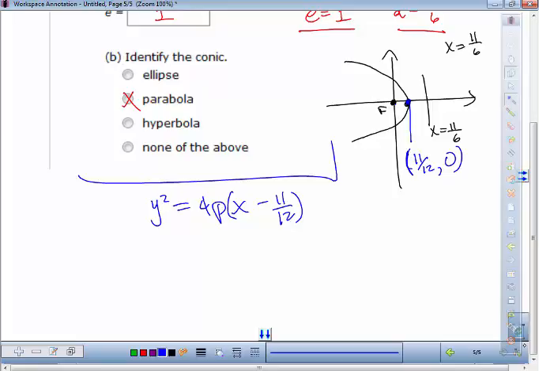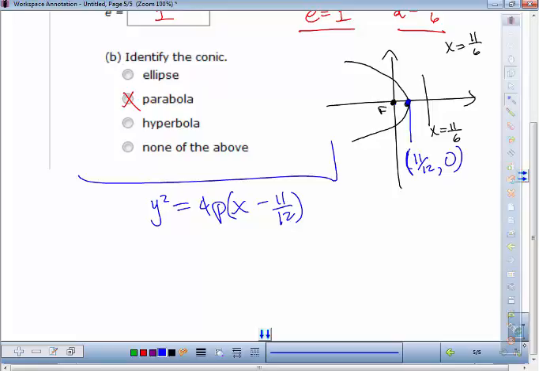Yeah, that's what I said. Adding another constant to p.